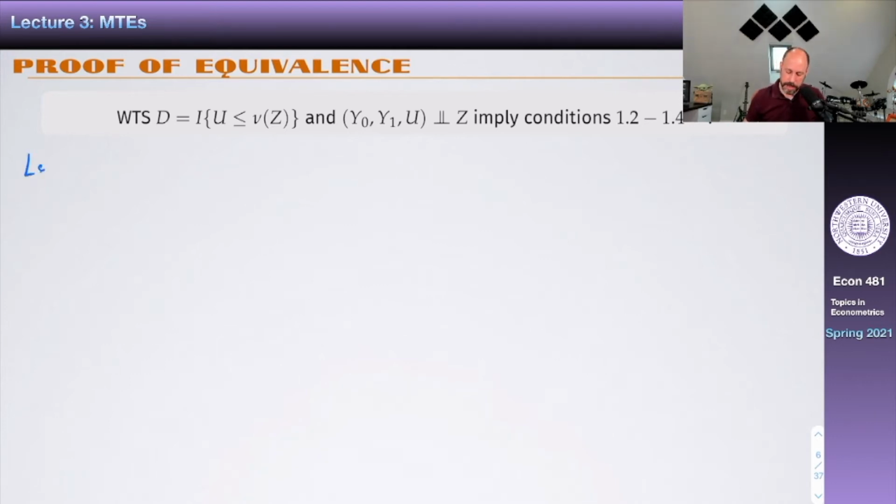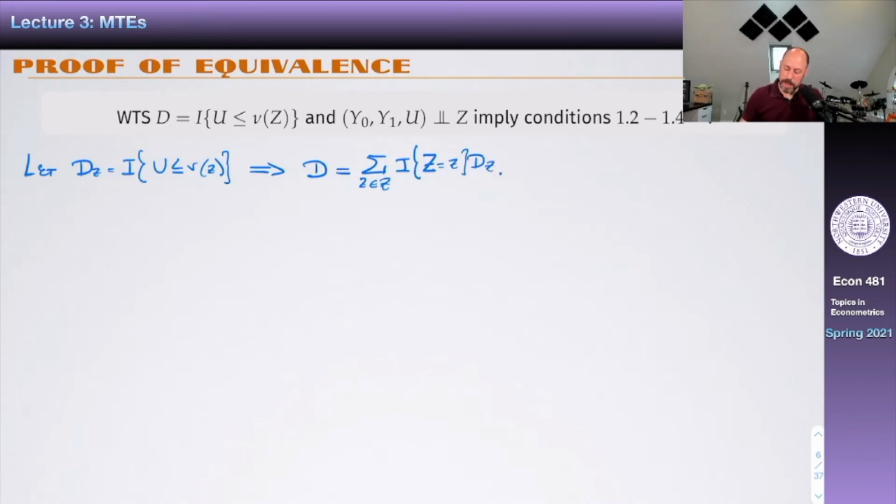First, I'm defining D_z as the indicator of U less than or equal to b of z. And then it follows immediately that the observed D you can write as the sum over z in the support of Z, the indicator that your instrument is equal to little z, times D_z.